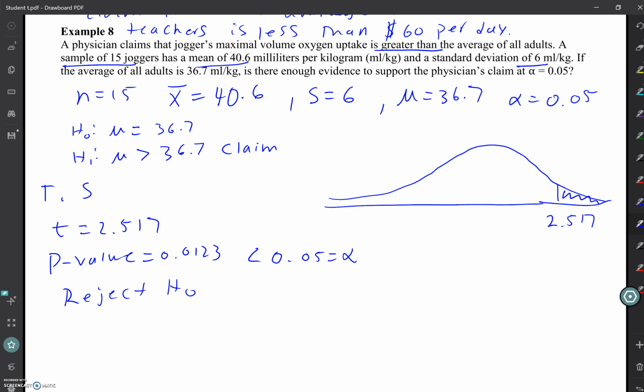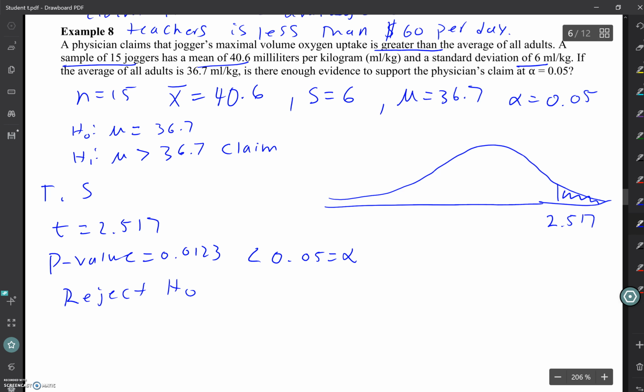And then, what does that tell me? There is evidence to support the claim, right? Because the claim's in the alternative and we rejected the null.